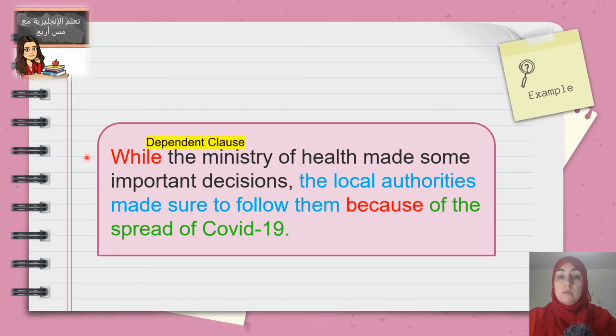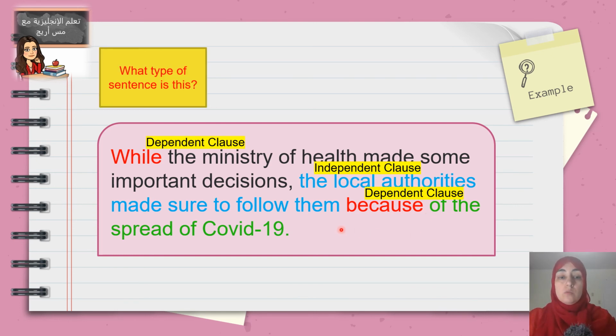Now we started with the dependent clause, as you can see. I know that because it cannot stand alone as a full sentence, and it has while at the beginning. Notice the comma as well. This is very important again in writing. Then we have an independent clause. The local authorities made sure to follow them. And then we added also another dependent clause, which is because of the spread of COVID-19.